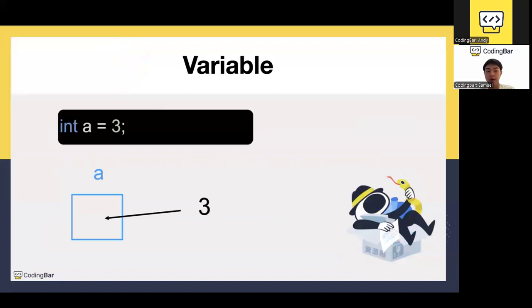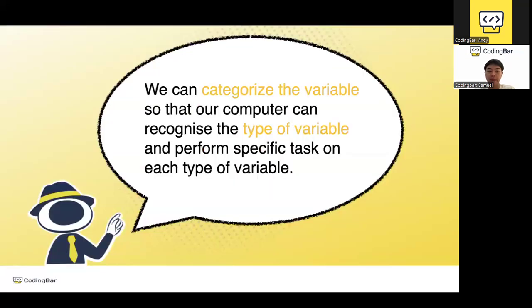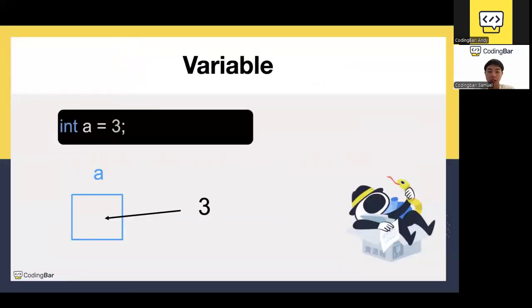How do we define a variable? This is an example. For example, on this screen, int a = 3. We are assigning 3, which is data or information, into variable a, which is a memory location in your computer. And we explicitly tell the compiler that this a is of integer type.